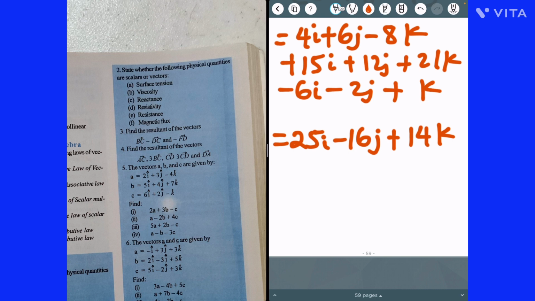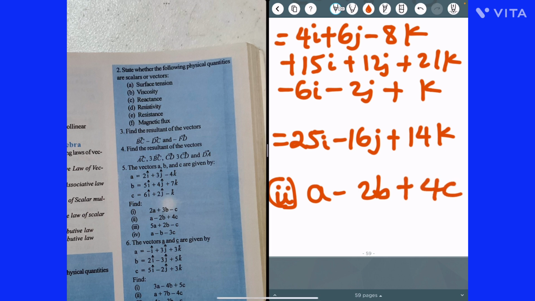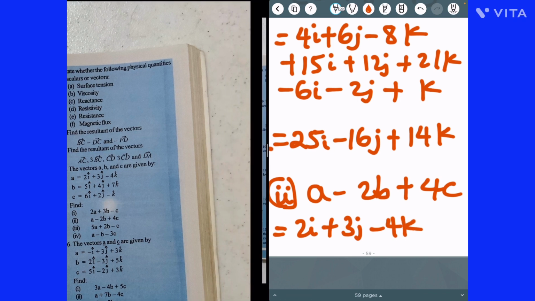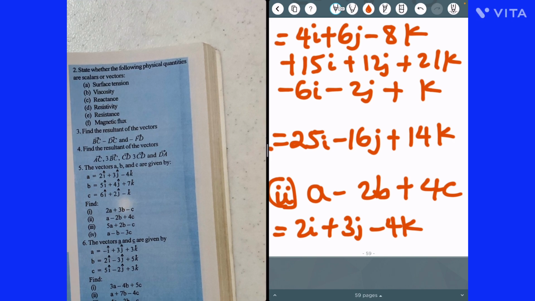So you take note. What else do we get here? Roman numeral 2 says we should find A minus 2B plus 4C. That's what? Very simple. Let's write A down: 2I plus 3J minus 4K.